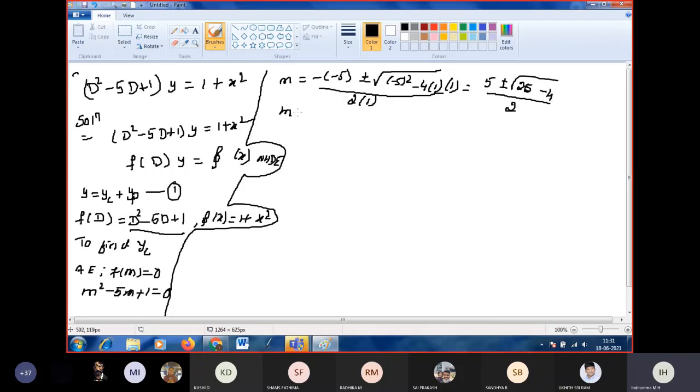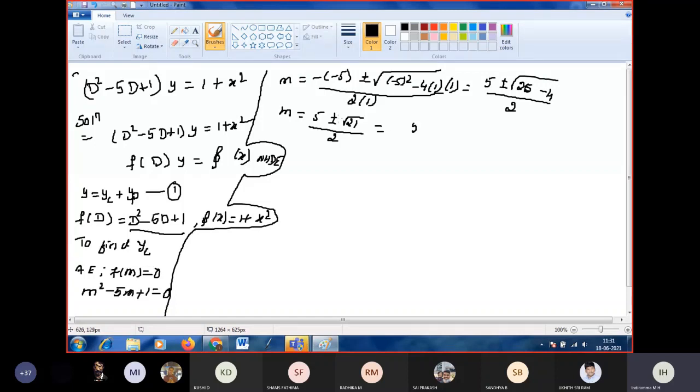So m is equal to 5 plus or minus root 21 by 2. Is it correct? Yes, ma'am.